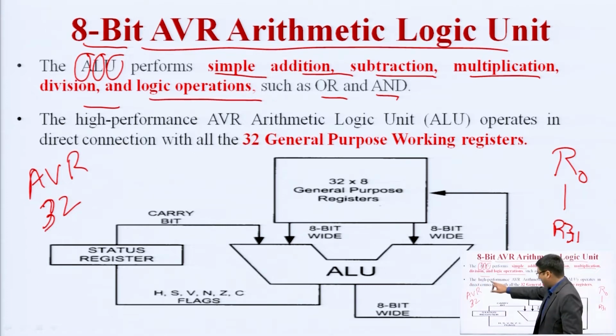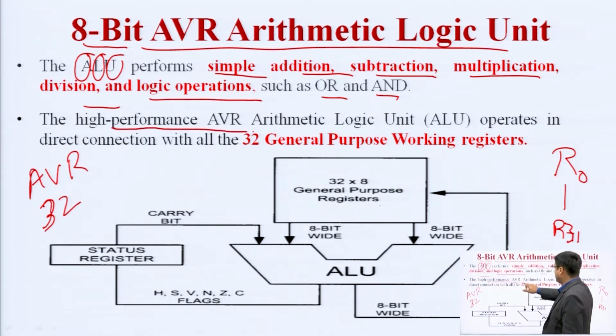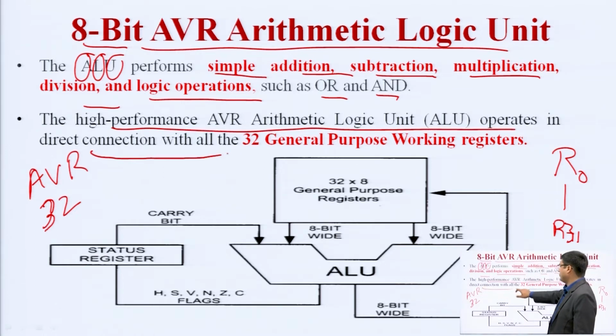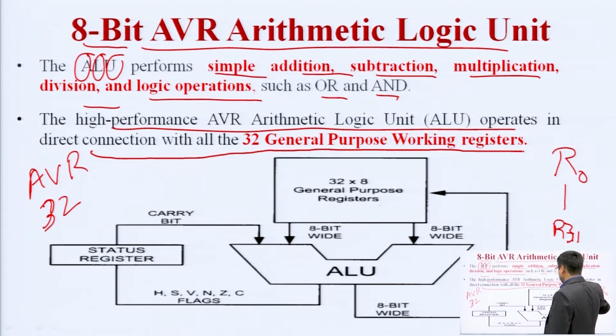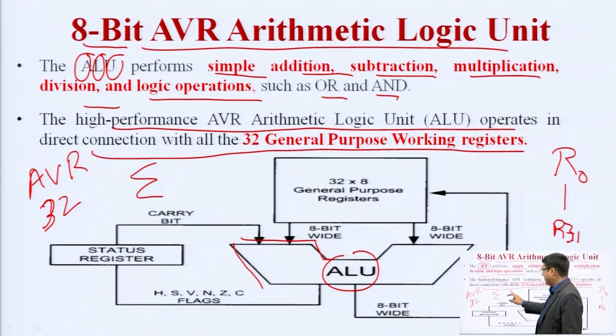The high performance AVR arithmetic and logic unit operates in direct connection with all the 32 general purpose working registers. In this block diagram you can see the ALU, the arithmetic logic unit. Its representation is like this, with a sign of summation, meaning it is doing some arithmetic and logical operations.